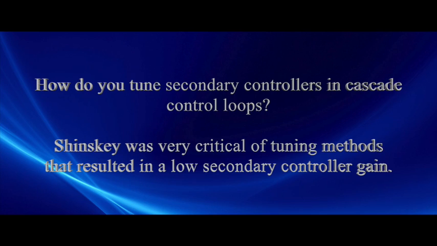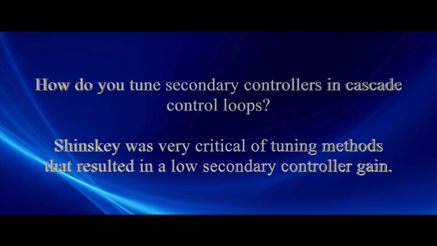Now, there are some things you can still do. One of the modifications prevents going to integral-only control. Integral-only control on a secondary loop is not the thing you want. You want a more immediate response from proportional action on a secondary loop. So that was one of the modifications I did.